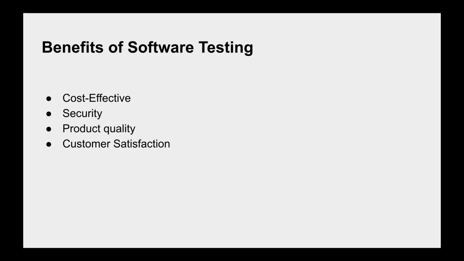Assume there is a bug which is exposing the details of all the users from Amazon or any other product. The security of the product is very important. There are many bug bounty hunters and pen testers. Pen testers are the testers who do all the security testing and find the vulnerabilities of a product, and they ask for money.